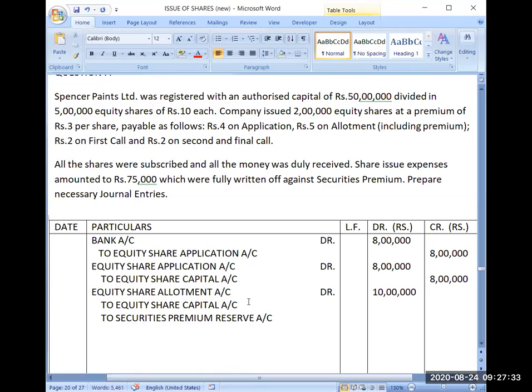Now coming to the second amount. Out of this 5, some amount belongs to capital and some amount belongs to premium. So premium is rupees 3, that we already know. Then the remaining part, 5 minus 3, 2 rupees is for capital. It should be clearly understood that 3 rupees is for premium and 2 rupees is for capital. Clear?